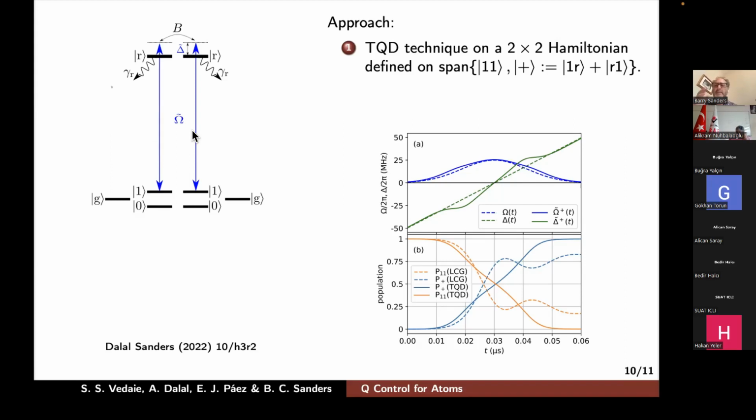Let me just explain transitionless quantum driving for a moment. So I think most of you are familiar with adiabatic systems. The idea of the adiabatic Hamiltonian evolution is that you make the system evolve slowly enough that if you prepare the system in an instantaneous eigenstate, it will remain in that eigenstate.